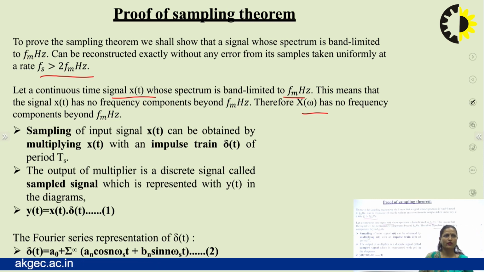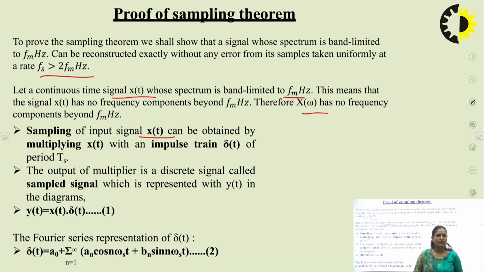So how can it be performed? First, sampling of the input signal x(t) can be obtained by multiplying the message signal with an impulse train delta(t), where the sampling period, or time period between the samples, is Ts. The output of that multiplier is now a discrete signal, which we call the sampled signal, and it can be written as y(t) equal to x(t) into delta(t). Delta(t) is nothing but the impulse train.